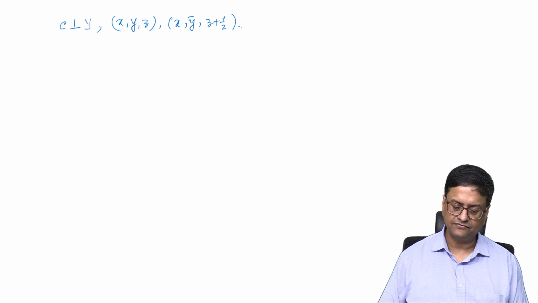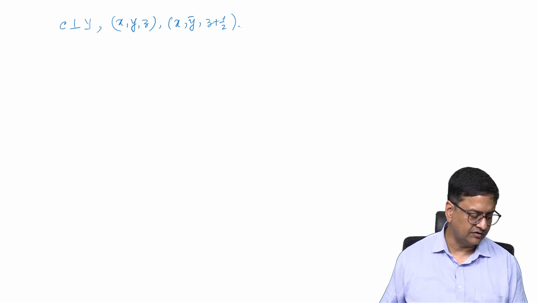Therefore, in the same way, if we want to determine the systematic absence conditions for a c glide perpendicular to y, we have the equivalent points as x, y, z and x, y bar, z plus half. These are the two equivalent points of the c glide perpendicular to y.